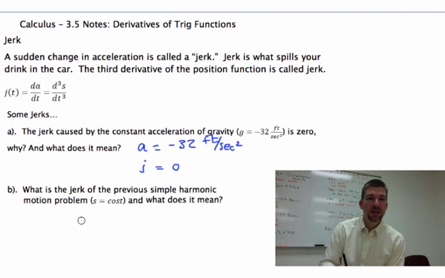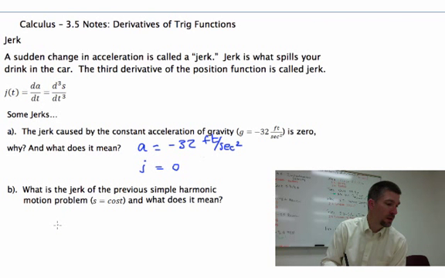So what is the jerk of the previous simple harmonic motion problem? And what does that mean? Well, if we go back to that previous simple harmonic motion problem, we were looking at an acceleration that said -5 cosine t.